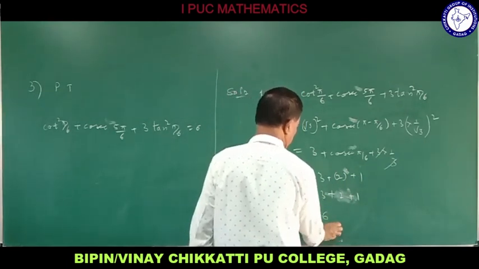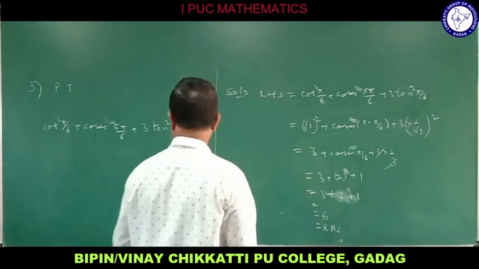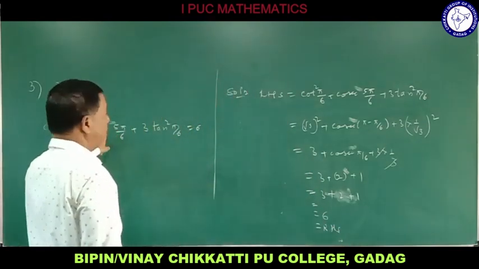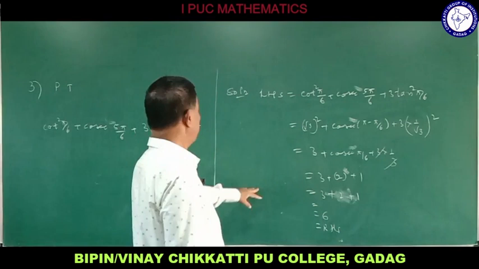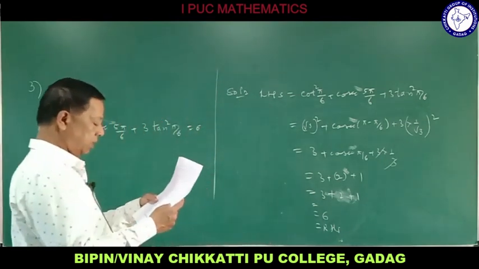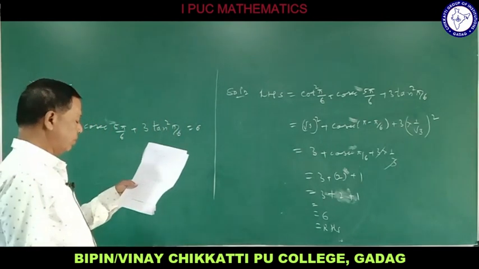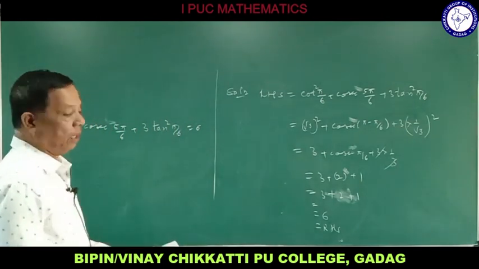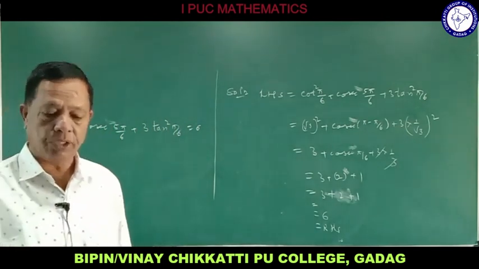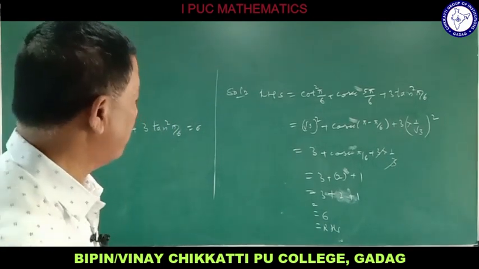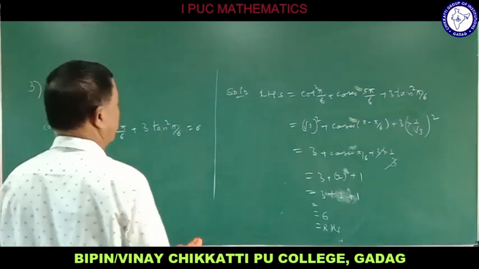This is the RHS. So you have noted that if you take cosec square pi by 6 wrongly, you will not get the answer. The mistake is that I have written cosec 5 pi by 6, not cosec square pi by 6. This is the way we prove the results when taking them properly. This is the answer.